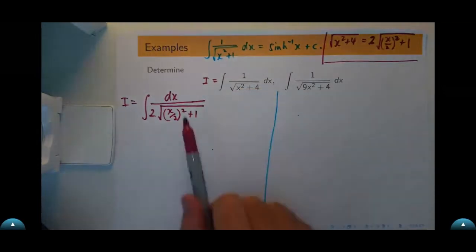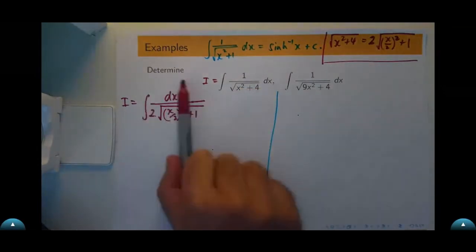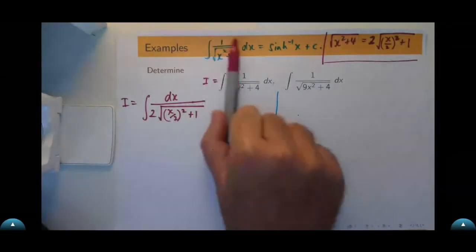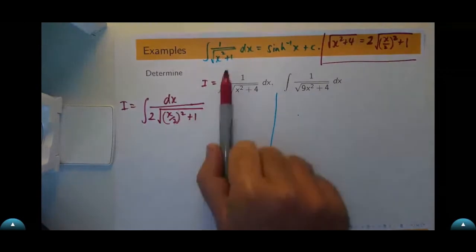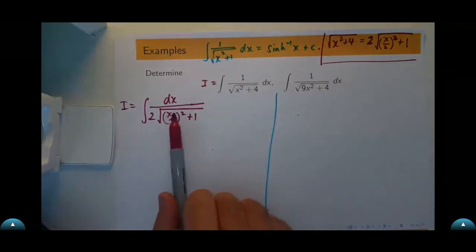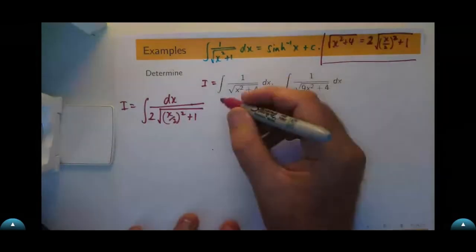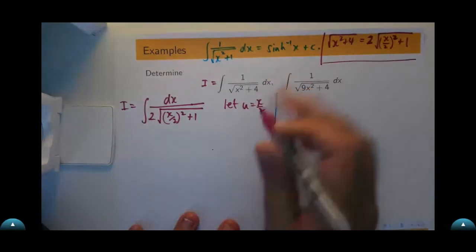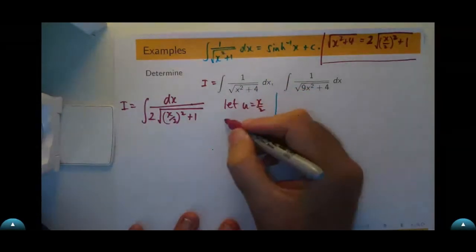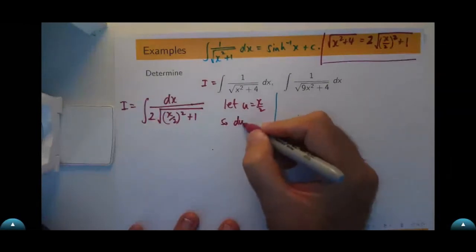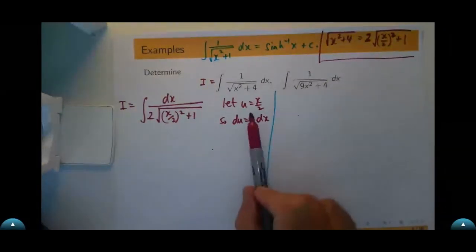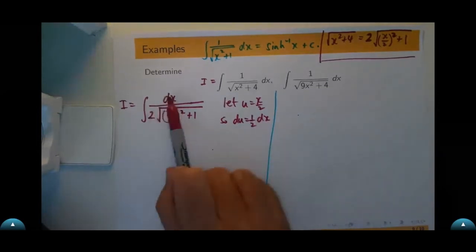It looks like I've made this far more complicated, but what I'm trying to do is get back to this thing, and the 1 and the 1. So what I can do now is make a substitution, and let's say u equals this x on 2 bit. So du is going to be a half dx. You can see we've got a half dx there.